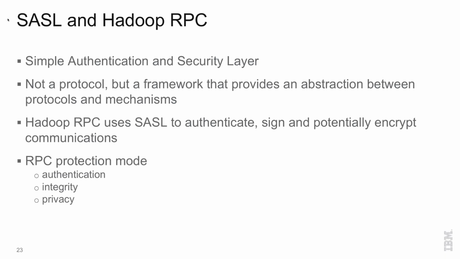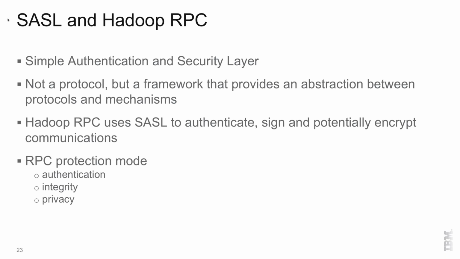When you configure the Hadoop RPC protection property, you can set different protection modes. You can set it to authentication, which is the Kerberos authentication, or to integrity, which will include authentication. And if you set the RPC protection mode to privacy, then all three are included.